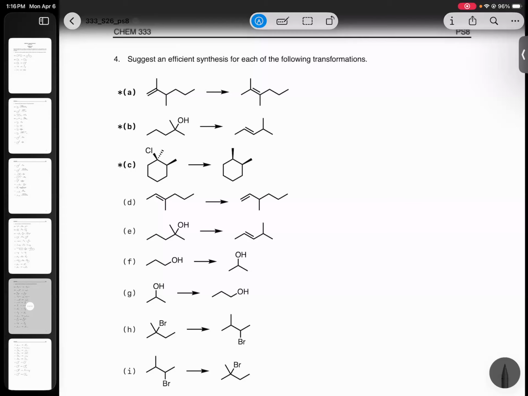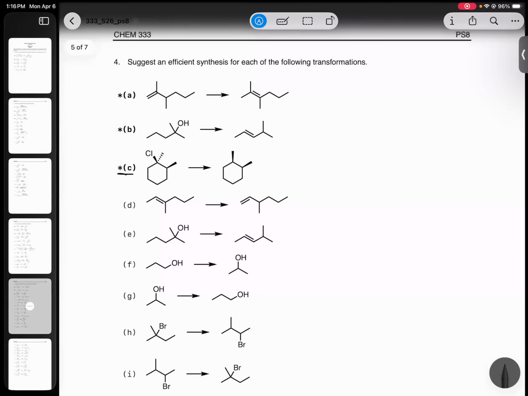Some of these will be of the type that I just demonstrated, moving the position of an alkyl halide or moving the position of a pi bond, but others like C, the chlorine just disappears, okay? And the methyl group is now the other direction. So that seems a bit strange. It's not going to fall nicely into one of those two categories, but the reactions to get to that point are reactions that you know.